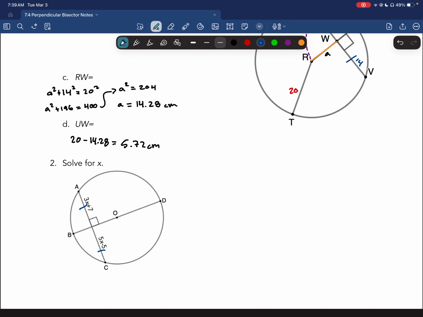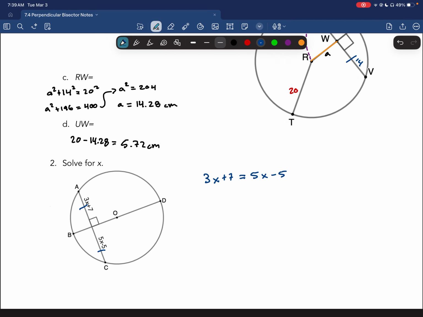Because of that 90 degrees between the diameter and my chord, those have to be equal. So if I'm solving for X, I know that this distance is equal to the other distance here. Then I can just set these two values equal to each other. So 3x plus 7 is equal to 5x minus 5.